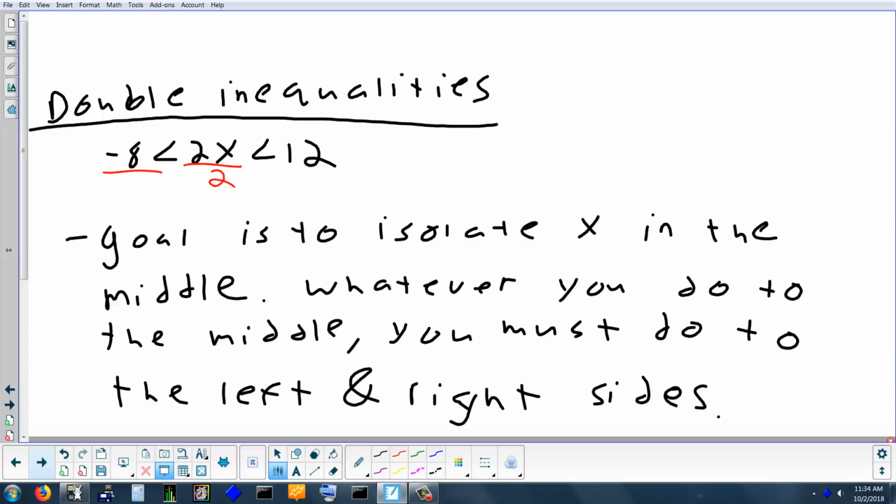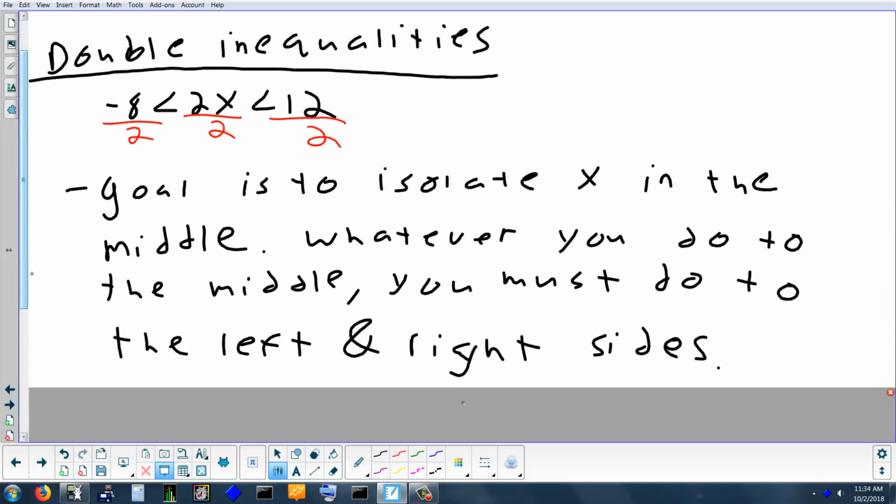Okay, divide by 2, divide by 2, divide by 2. I'm not going to finish solving this one, but that would be the idea. All the same rules apply. If you multiply or divide by a negative, flip the inequalities, plural, because now there's 2 of them, flip them both. But it's exactly the same idea.